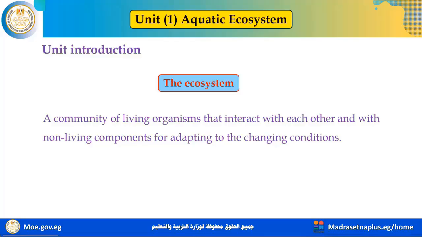So a community of living organisms that interact with each other and with non-living components for adapting to the changing conditions. Okay? And now, my dear student, let's talk about examples of the different kinds of ecosystems. Come with me.